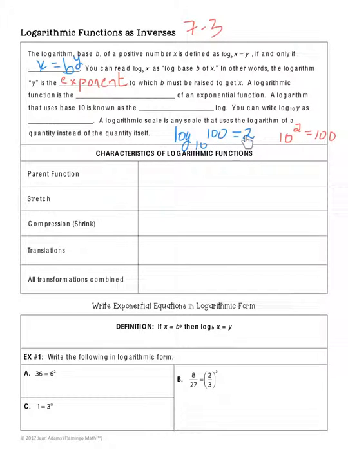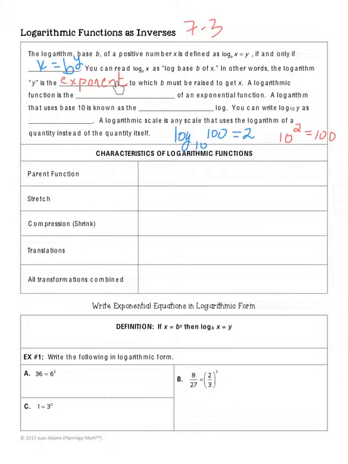We took 10, raised it to the second power, and that equals 100. So essentially, from a logarithm, what you get out of it is the exponent of the exponential form. Notice that 2 is the exponent, and that's the answer to your log function. That's really what the log is.